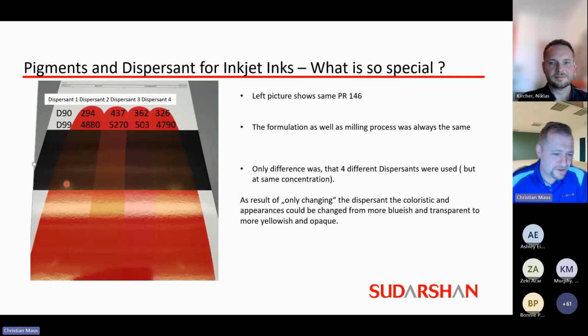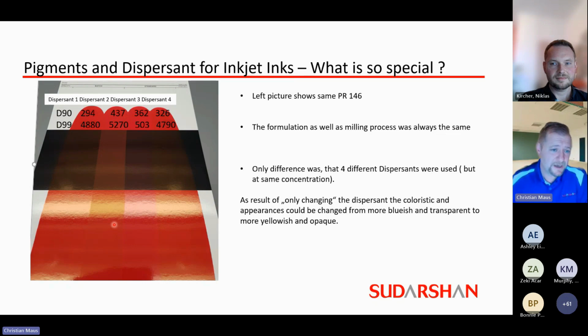And then look what you even can see with your eyes here, how the differences are in the optical appearance. So you got everything from a nice transparent bluish tone to a yellowish opaque tone. Same pigment, only different dispersants. That's something often people don't consider enough.